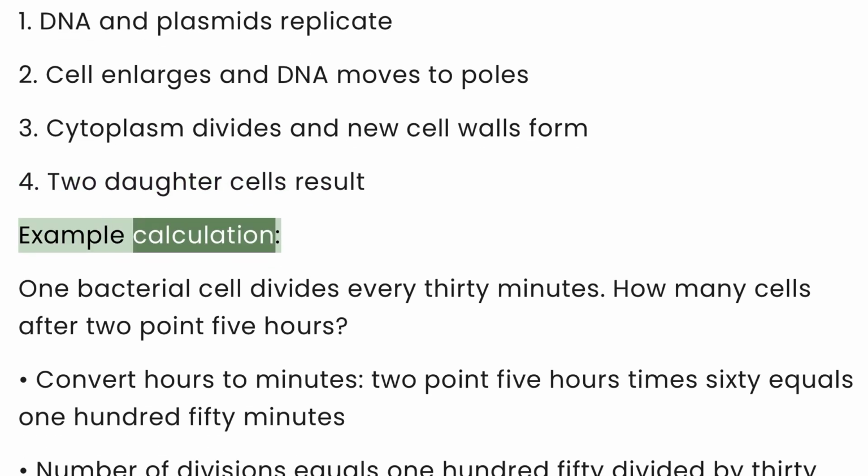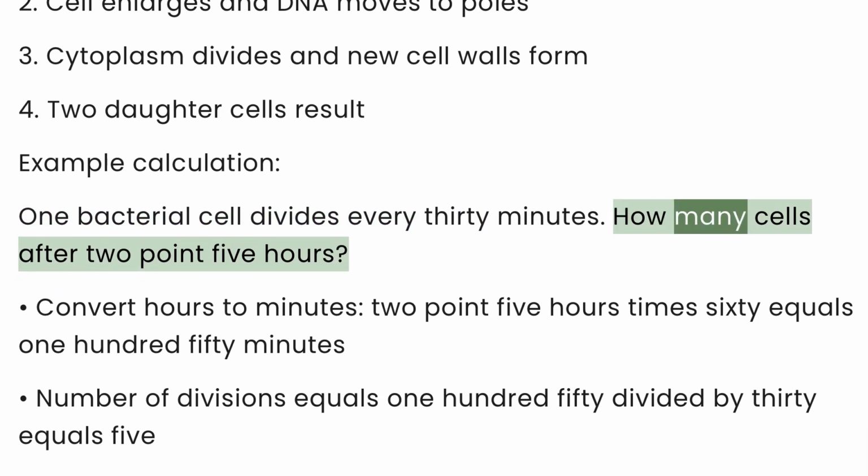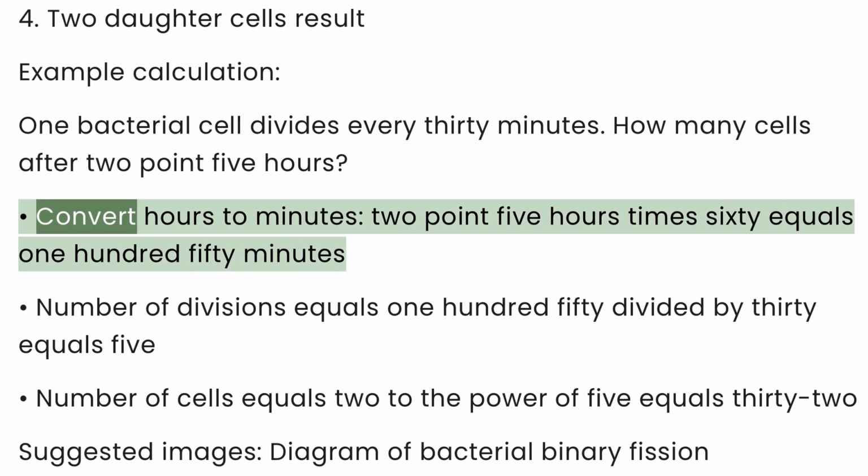Example calculation. One bacterial cell divides every 30 minutes. How many cells after 2.5 hours? Convert hours to minutes. 2.5 hours times 60 equals 150 minutes.